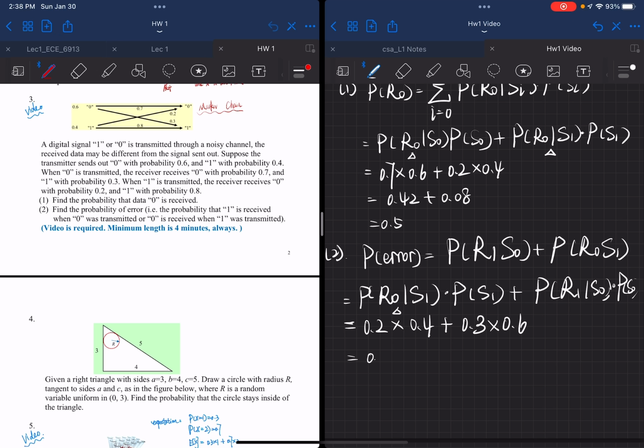So by adding these two, we got 0.26, and this is for part 2 of problem 3.